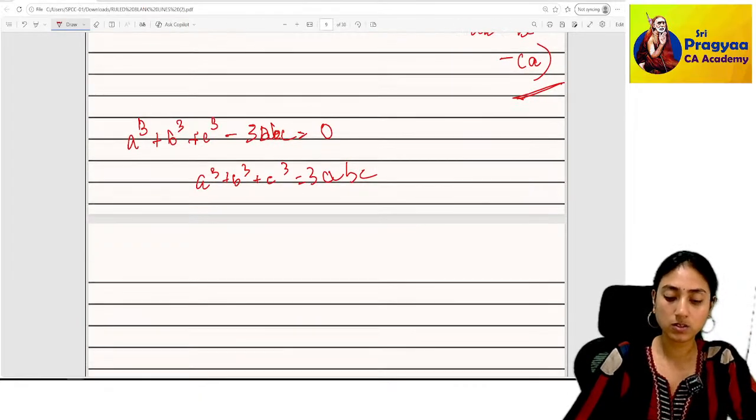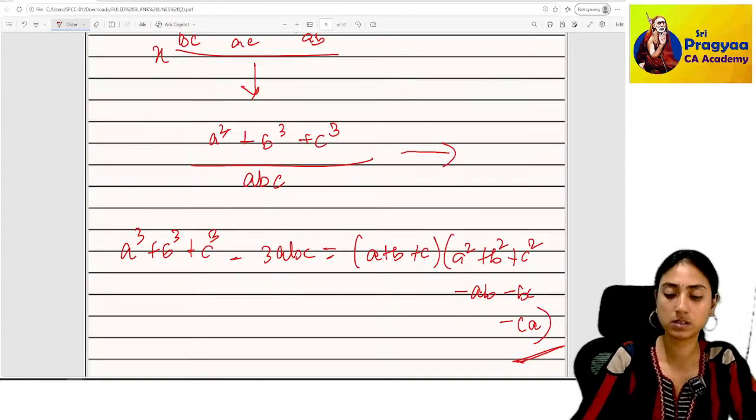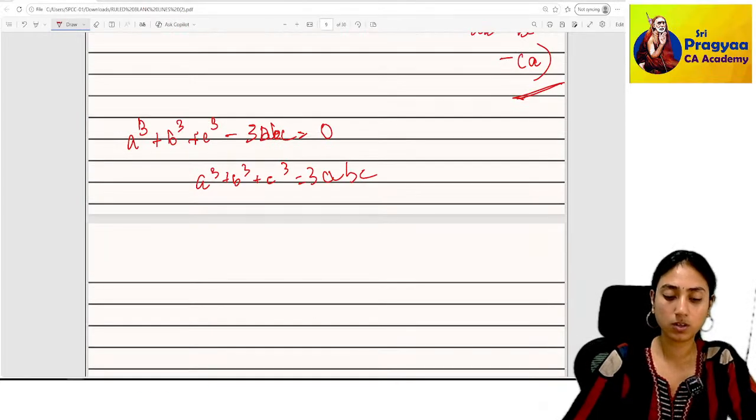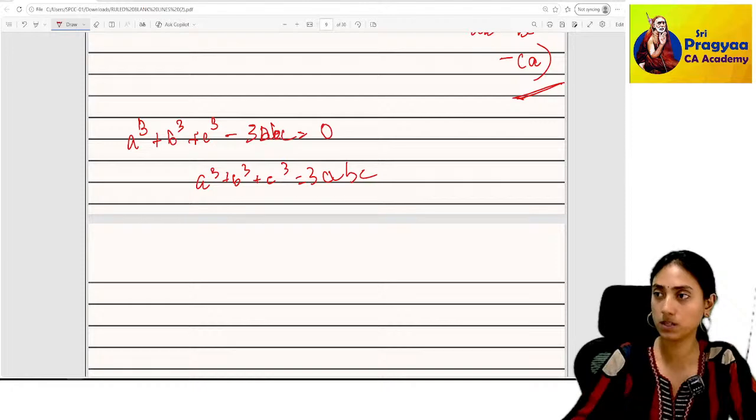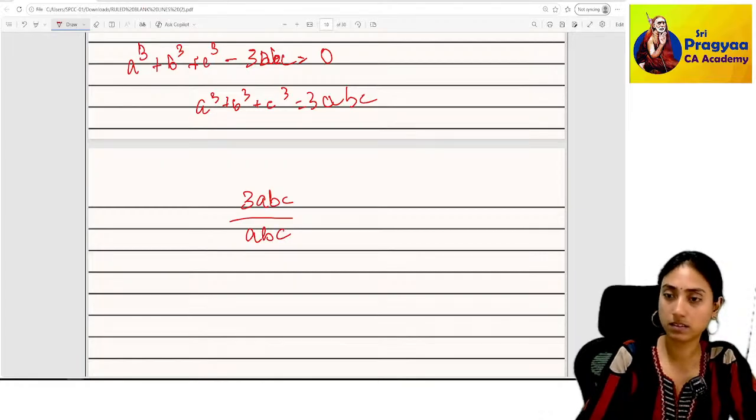Going back to this, is 1. Substitute A cube plus B cube plus C cube in 1. Then what will happen? By ABC, it will become 3. Okay, take this as 2.